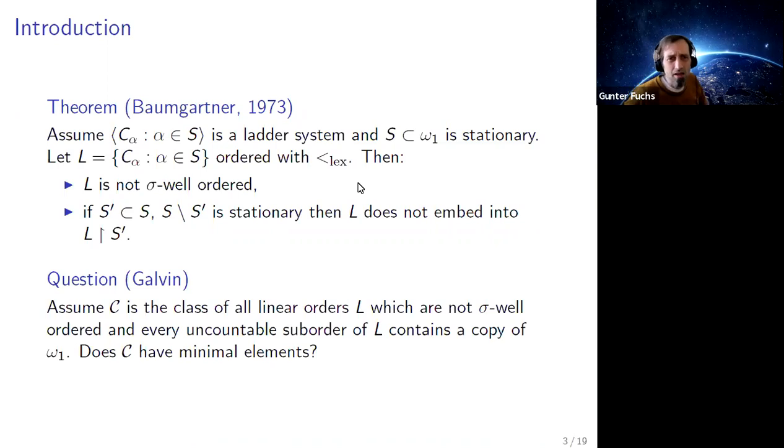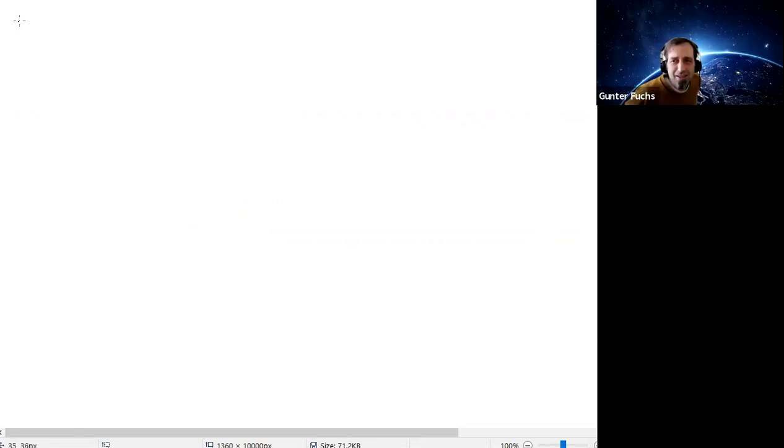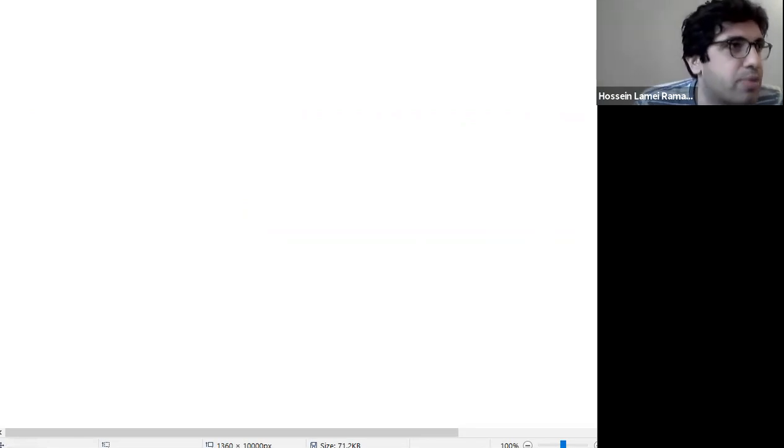Could I just ask, how exactly is this thing ordered? You say it's ordered with lexicographical ordering. Why is this not well ordered? Oh, it's not even sigma well ordered. Yeah, then I don't understand what you mean by lexicographical. The classical proof I would not call a trivial proof, and it's not the focus of the talk today.